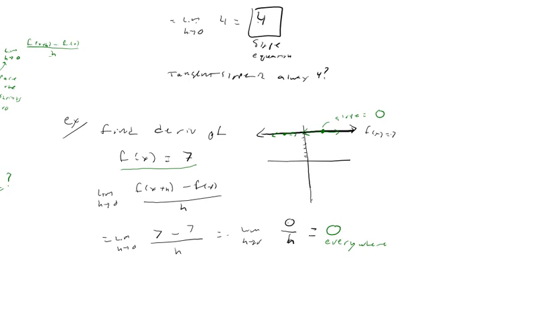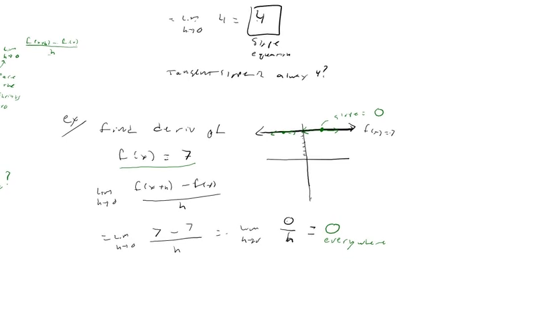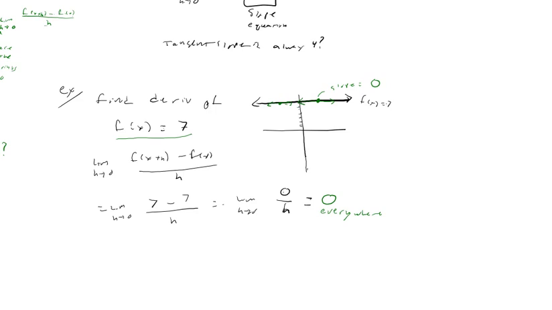All right, so you're seeing the pattern happen, right? We're doing the same thing over and over again. Plugging in x plus h minus f. We do some simplifying. We break it down. I wanted to show you those two weird situations. Sometimes you have slopes of 4 if it's linear. Sometimes your slope is 0 if it's just a straight constant line.